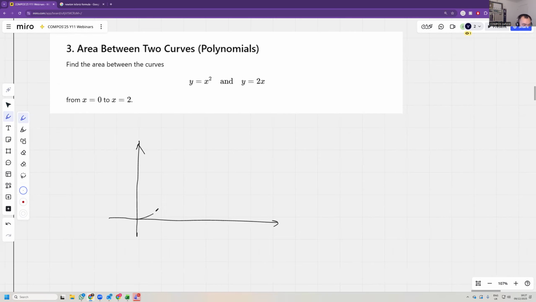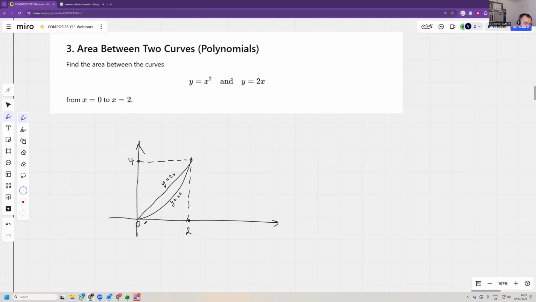That's a function like this. It is from 0 to 2, so that means that this is 4. And y equals 2x. Well, that's a straight line. Okay, so that's y equals 2x and y equals x squared.